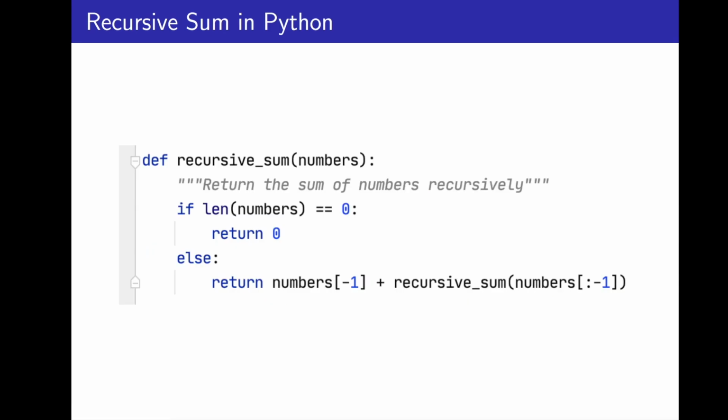You see the same pattern here that each recursive call produces a smaller problem. Initially, we want to sum n numbers, and the first recursive call reduces the problem into summing n minus 1 numbers. The next recursive call reduces the problem further into computing the sum of n minus 2 numbers, and so on until reaching the base case.